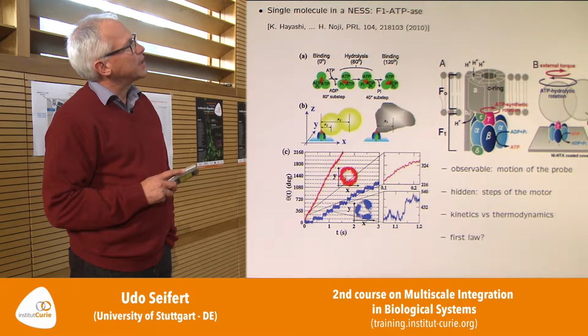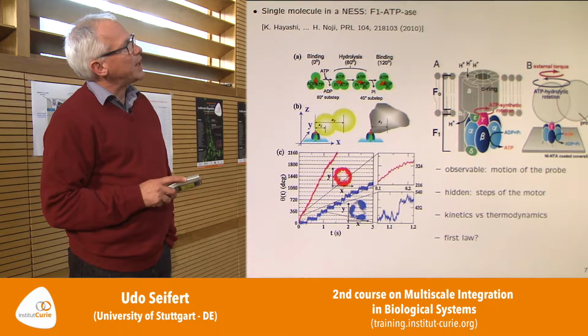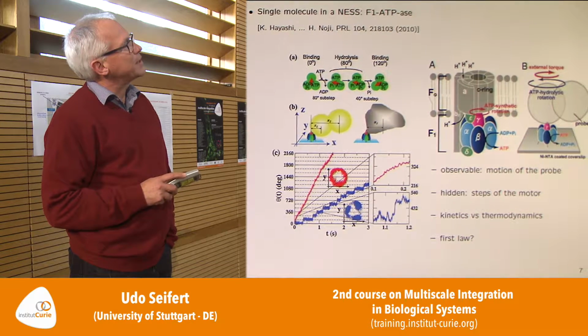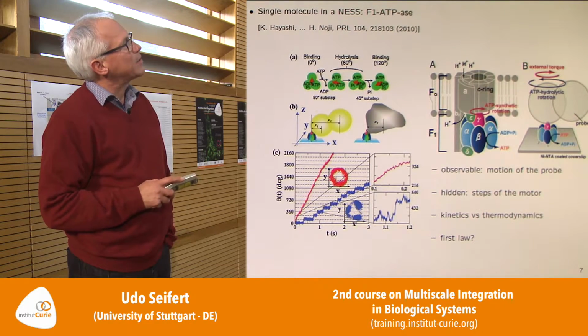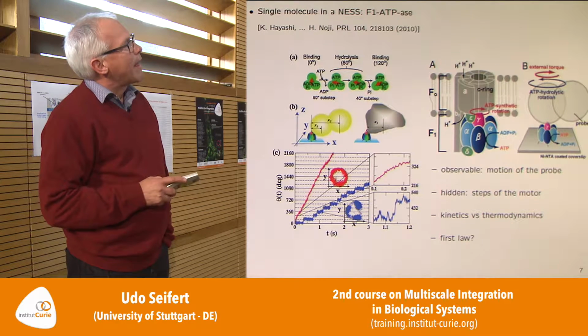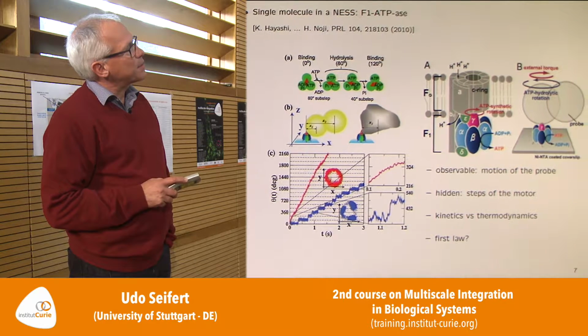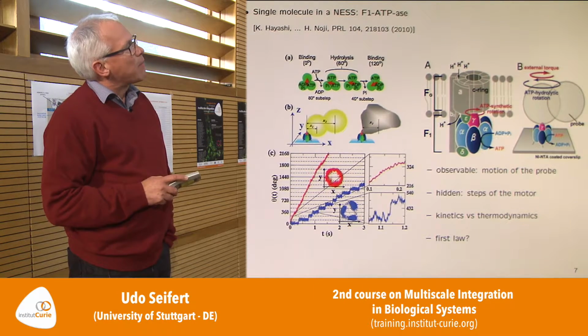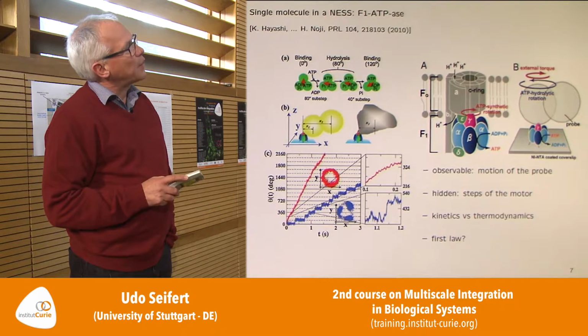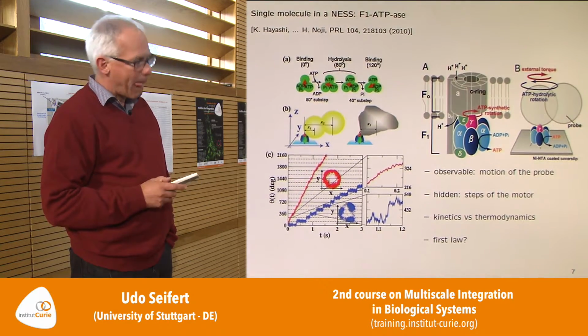Then you can plot the angle as a function of time, and you get these kind of traces. These were mainly the Japanese school who did that first. The blue case is when you see clearly single steps of 120 degrees. When you provide more ATP, the whole thing runs faster, and then you get these red traces.